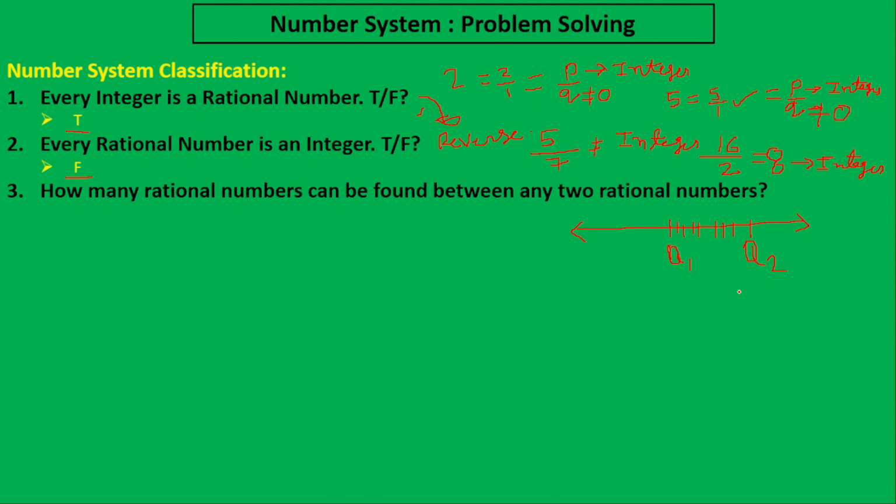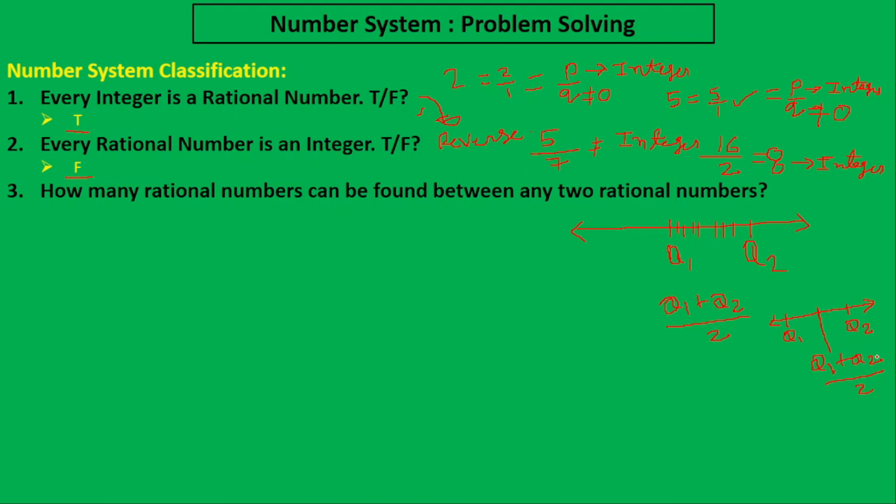So q1 plus q2 by 2 will be a rational number between q1 and q2. I will repeat again: q1 plus q2 divided by 2. Let's call it q3. So q3 is always in between q1 and q2. Hence we can say that at least one rational number is there between any two rational numbers. That is q1 plus q2 by 2, we call it q3.